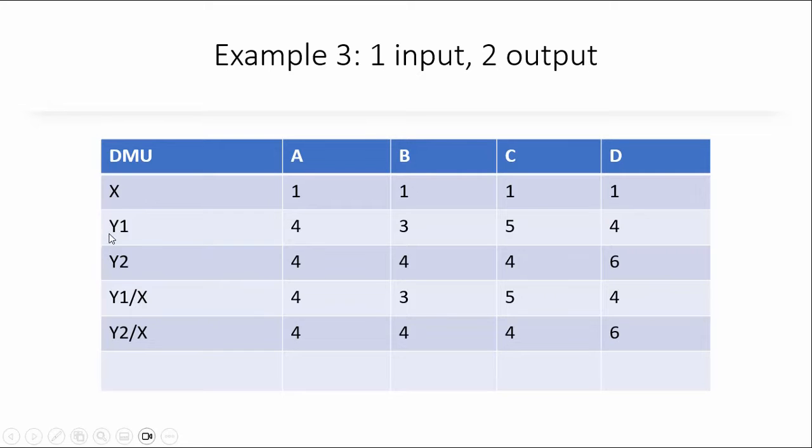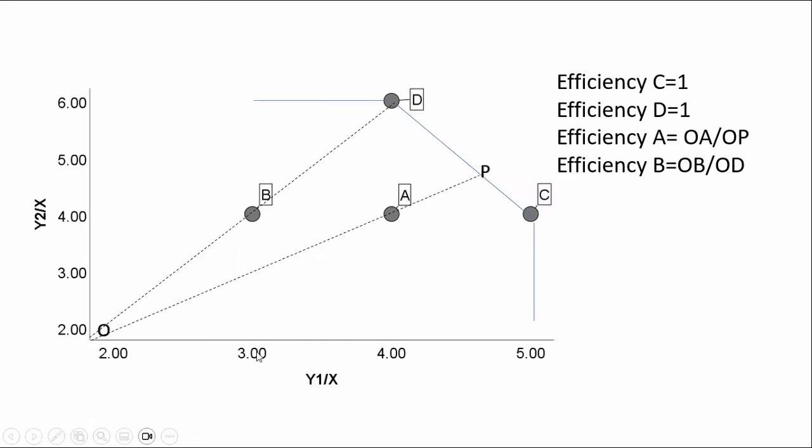The input is X and the outputs are Y1 and Y2. We also get the frontier line here. C and D have efficiency of 100% or 1, and B and A are inefficient DMUs. The efficiency of A, we can get by OA divided by OB.